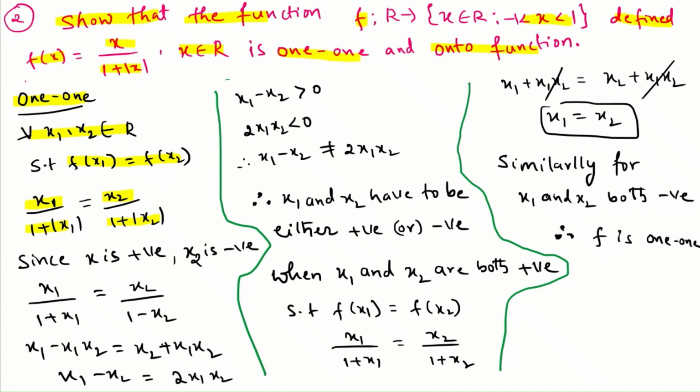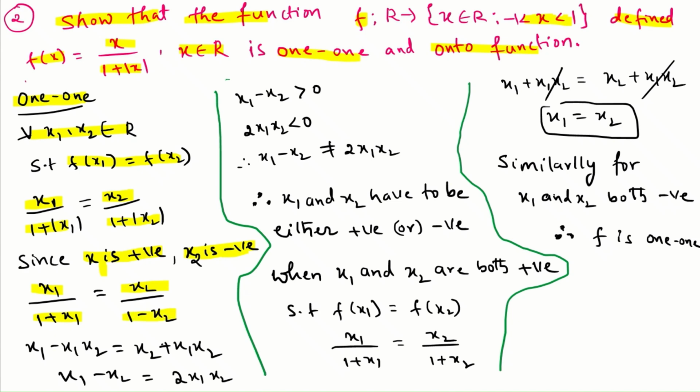Here two cases will come. When x1 is positive and x2 is negative. If x1 is positive, the output will be x1 by 1 plus x1. If x2 is negative, as per the modulus definition it will be x2 by 1 minus x2.